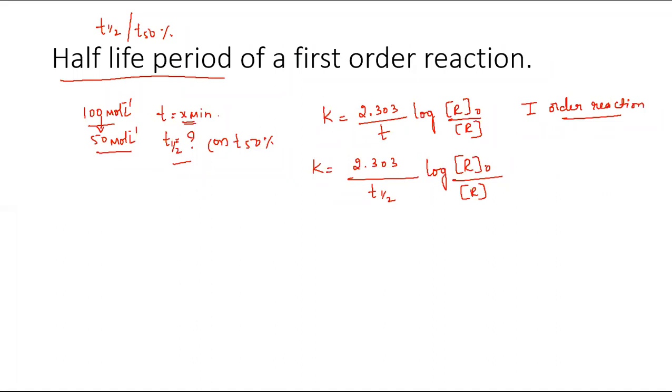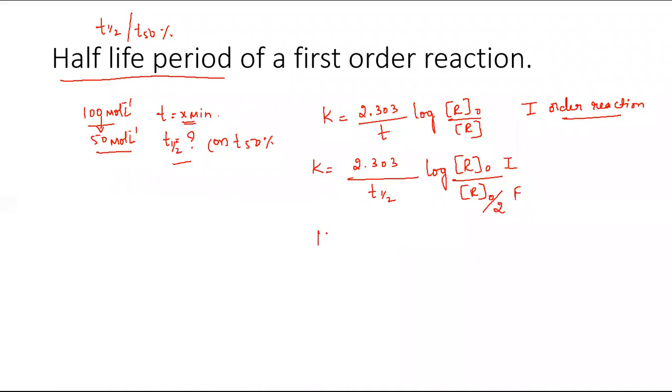So generally I'll write r naught only. So initially if it is r naught, then the final value will be half of it, that is, half of r naught. Therefore r naught divided by 2. Don't get confused. r naught is the initial concentration. Finally, how much does it remain? Half of the initial. Therefore, r is equal to r naught by 2.